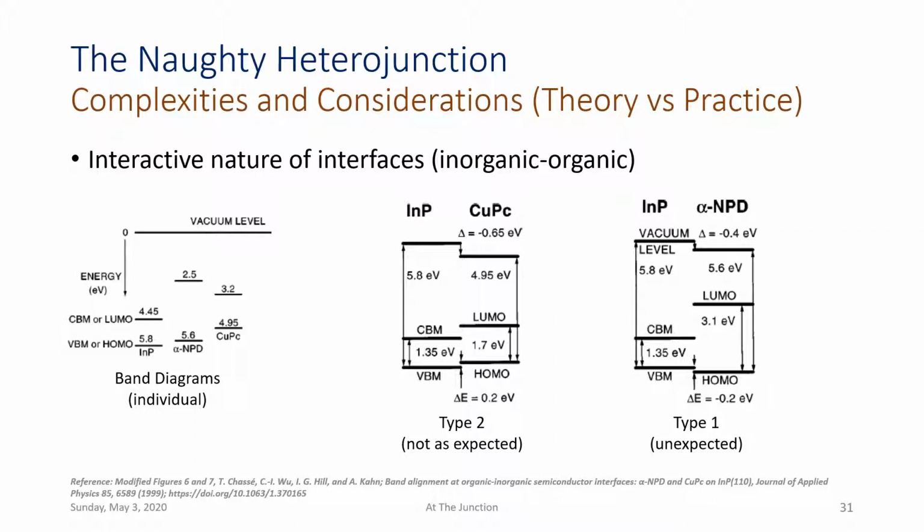And in case of indium phosphide and alpha NPD heterojunction, we get a completely unexpected type 1 heterojunction, where the valence band or HOMO of alpha NPD has fallen below the valence band of indium phosphide. And the reason why this happens is because there has been an interaction between the inorganic and the organic compound at the interface.